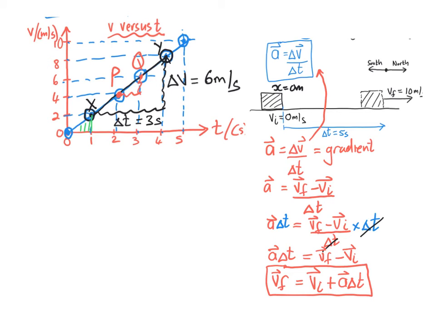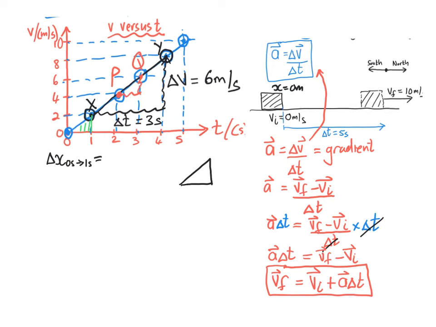So if we look at the change in position of the object between 0 seconds and 1 second, then if we look at the area under that graph, we'll see that in actual fact it is a triangle. And that triangle is a strange triangle.